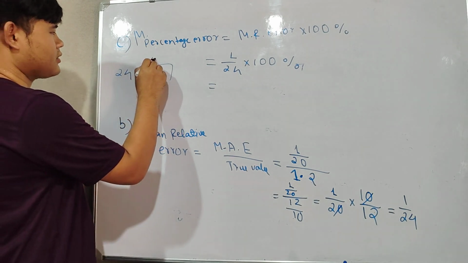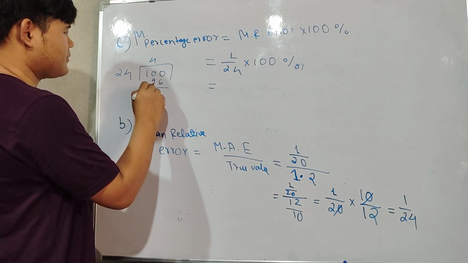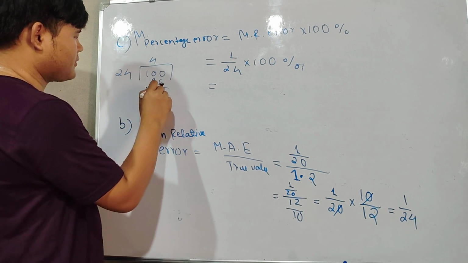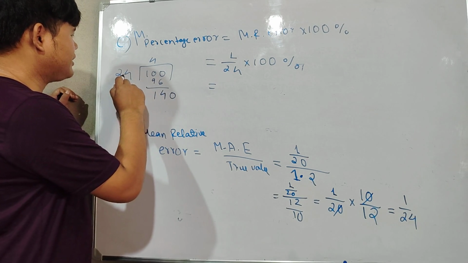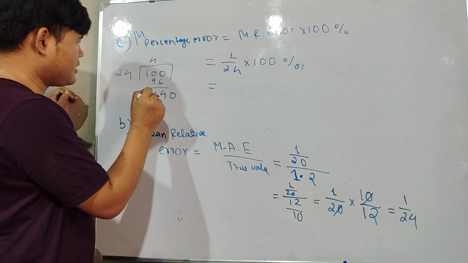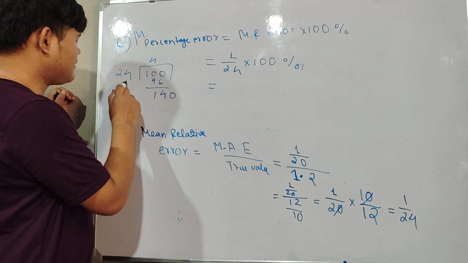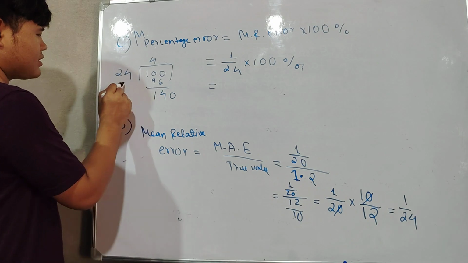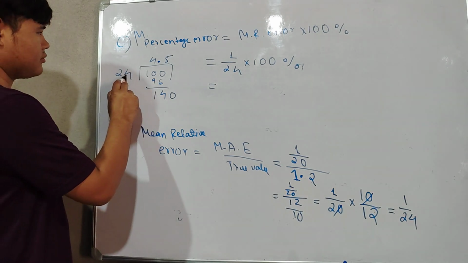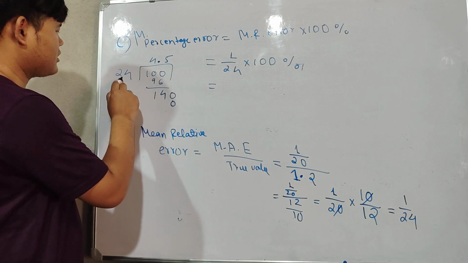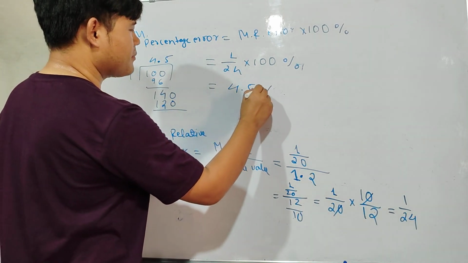Working through the division of 100 by 24, we get 4.5%.